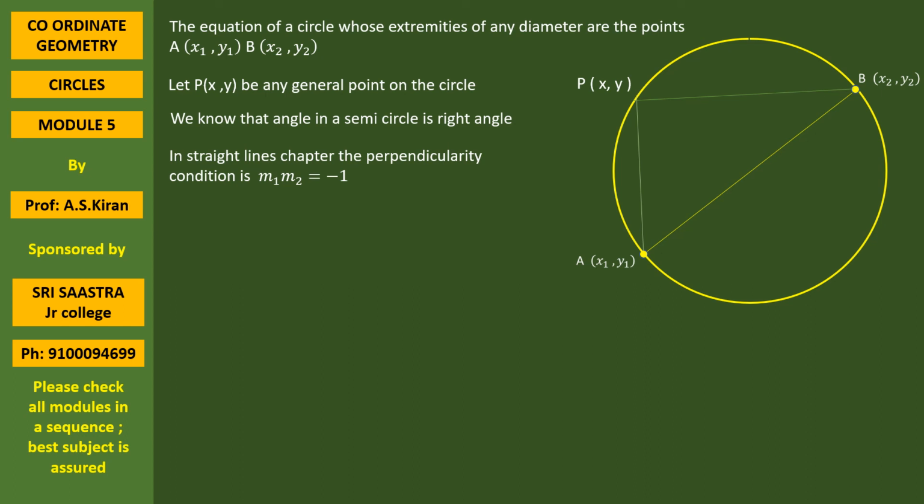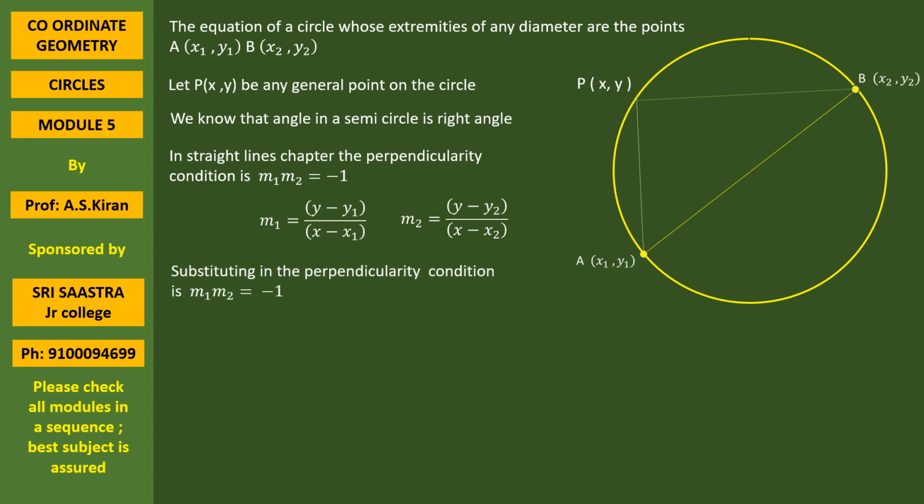Slope of PA and slope of PB, which are perpendicular. Here, m1, the slope of PA, is (y minus y1) by (x minus x1), and m2 is (y minus y2) by (x minus x2).